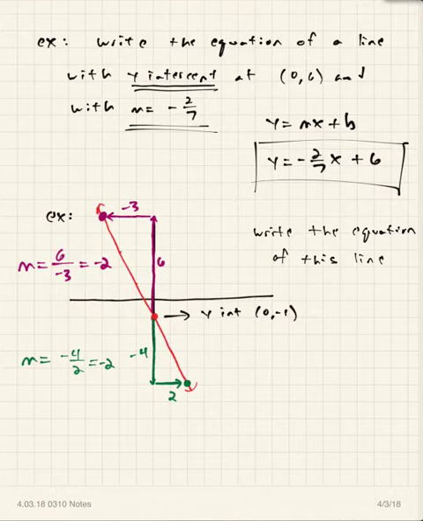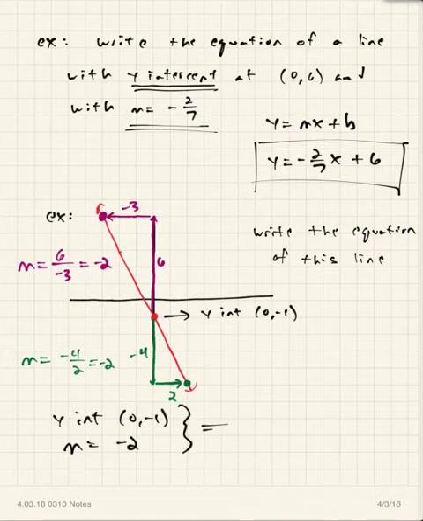All right, so what do I have here? I have the y-intercept for this line at 0, -1, and the slope is -2. So those two pieces of information I can put together and write out the slope-intercept form of the line, that this is y equals negative 2x minus 1. Right?